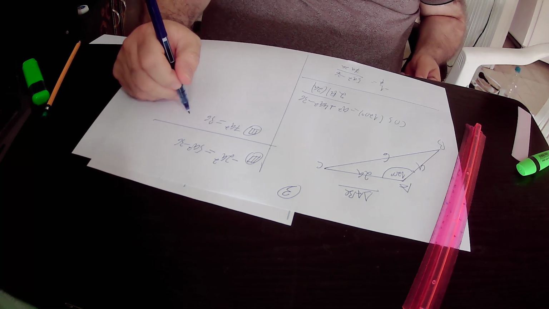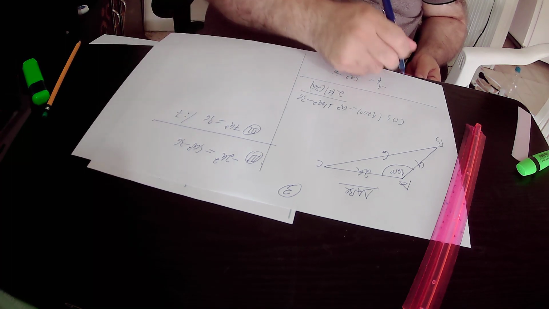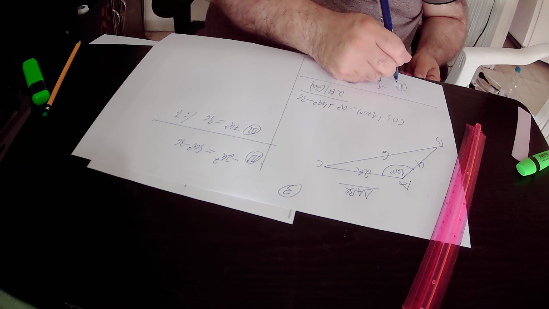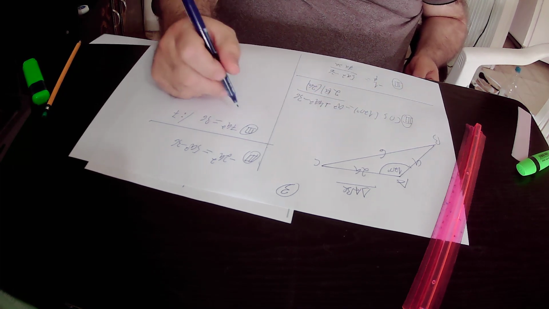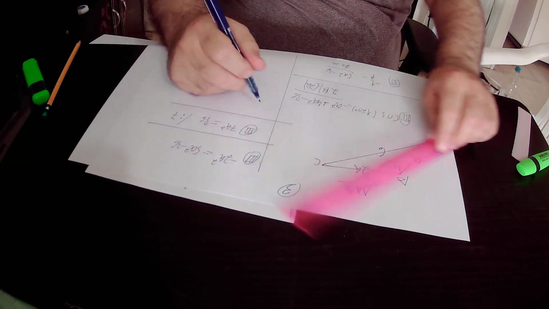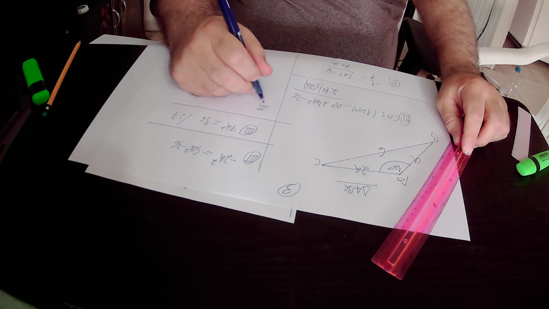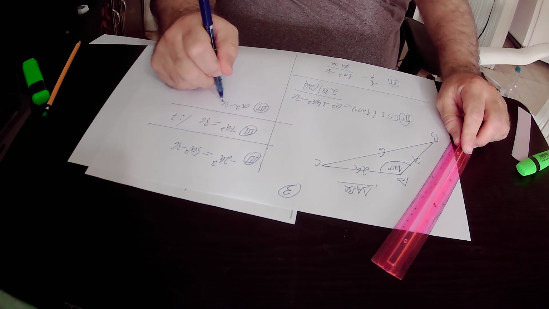Here we divide this equation by 7, and we get a squared equals 36 over 7.